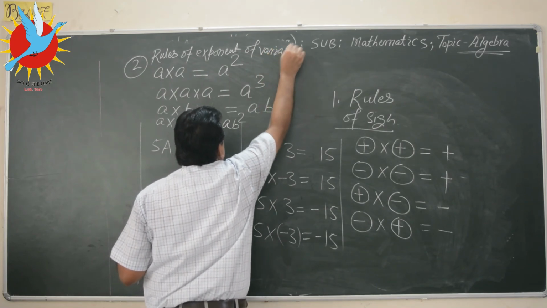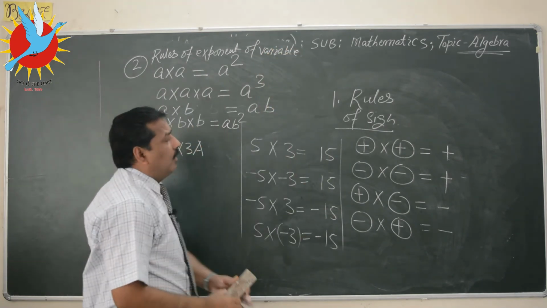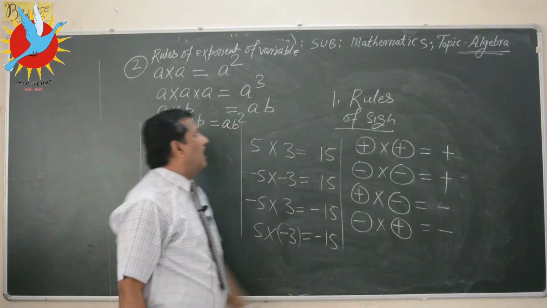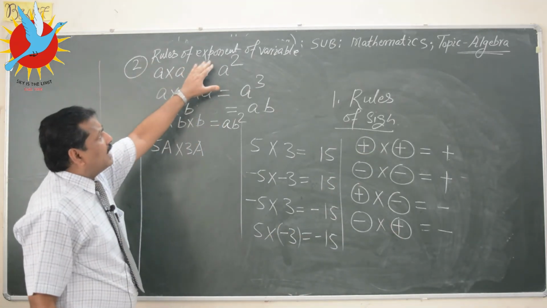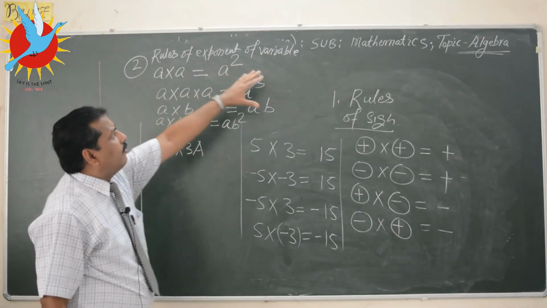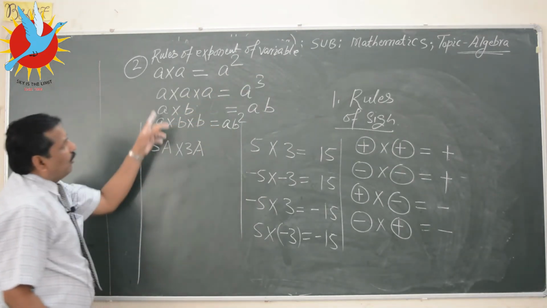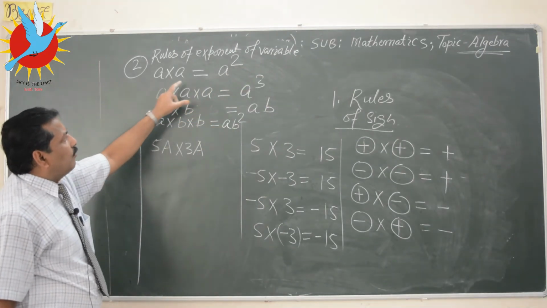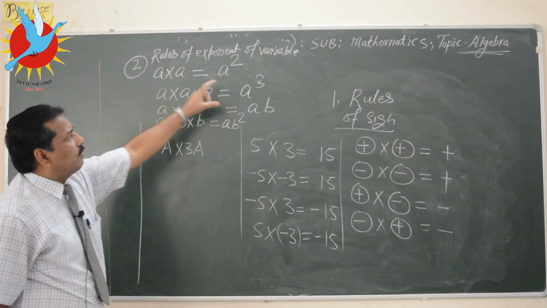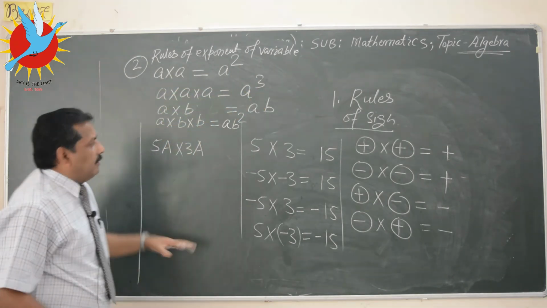You have to follow only two things: rules of sign and rules of exponent, that is power of variables. Powers are added, 1 plus 1 plus 1, that is 3, and that's all.